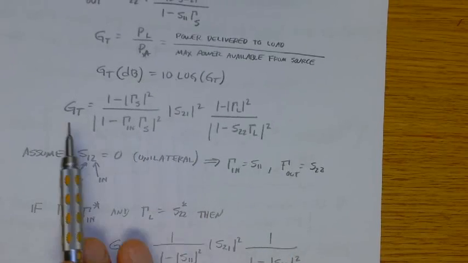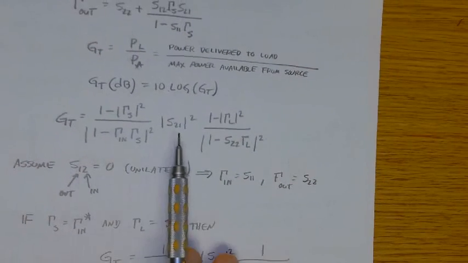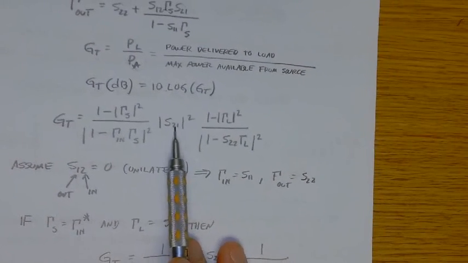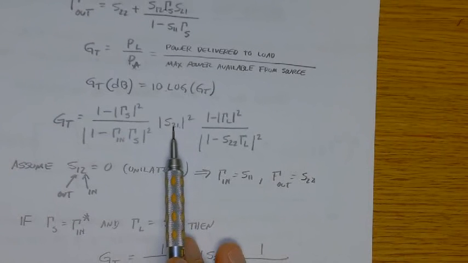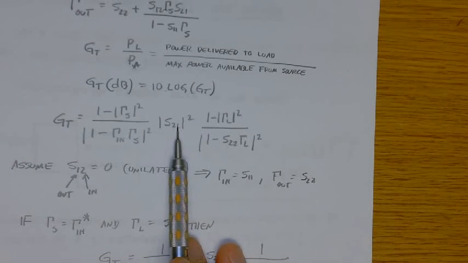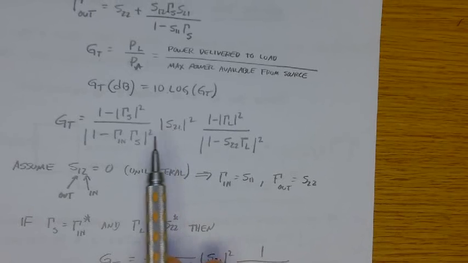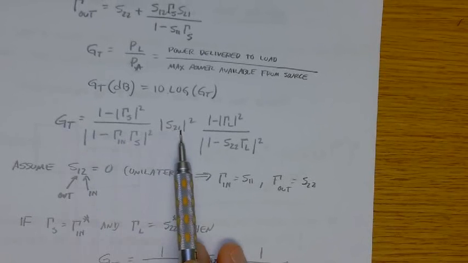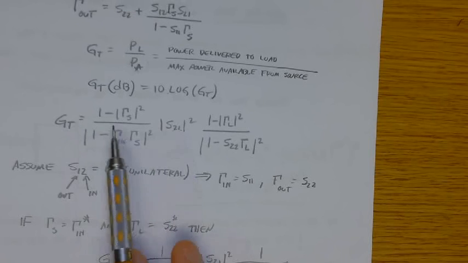Note it depends in the middle here on S21. That makes sense, right? S21 is the scattering parameter from the input of the transistor to the output.